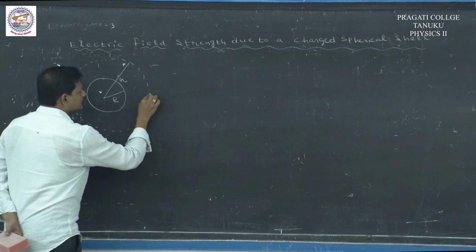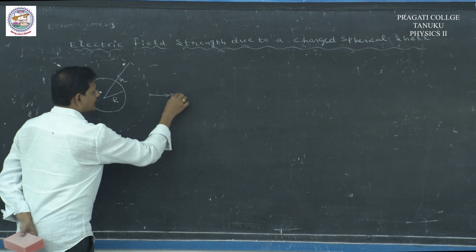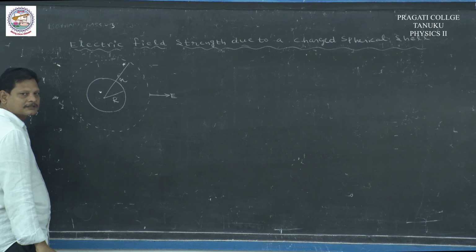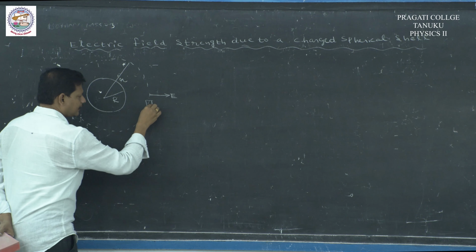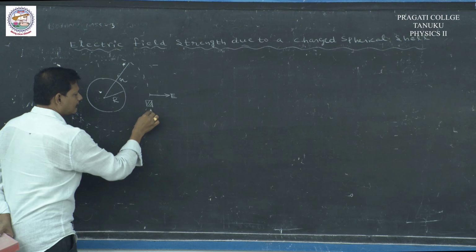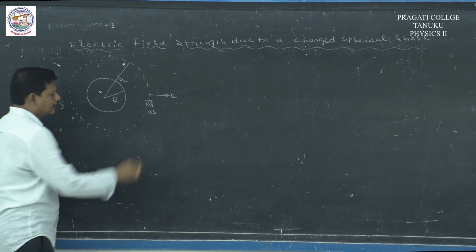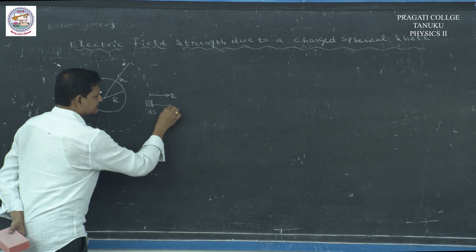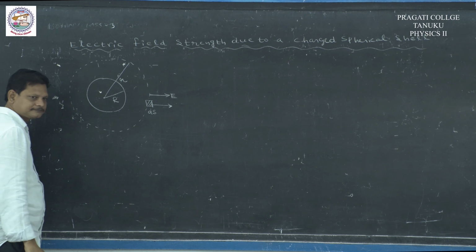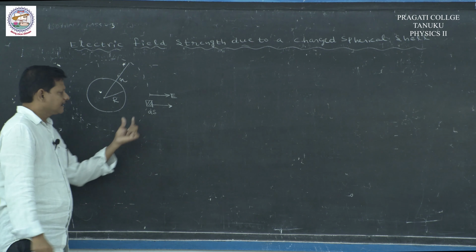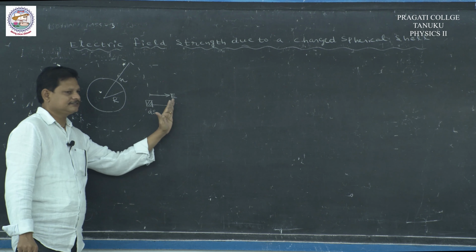We know the direction of the electric field is always radially outwards. Let us consider a small elemental area ds on the spherical shell, and the direction of ds is always in the direction of E, because the direction of area is normal to that surface.